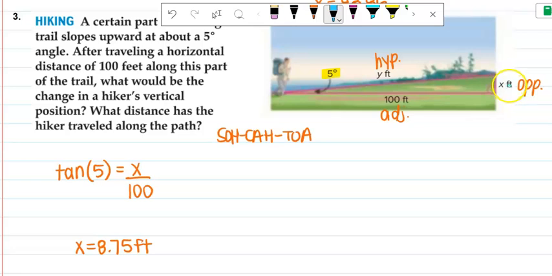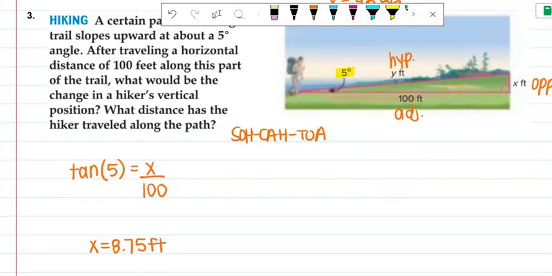If you have x, then you could use the opposite or you could use the adjacent. I like to use the values that are not rounded, so I would probably stick with the adjacent side again and use my cosine. But either way, you're going to get a very similar answer and be able to solve.